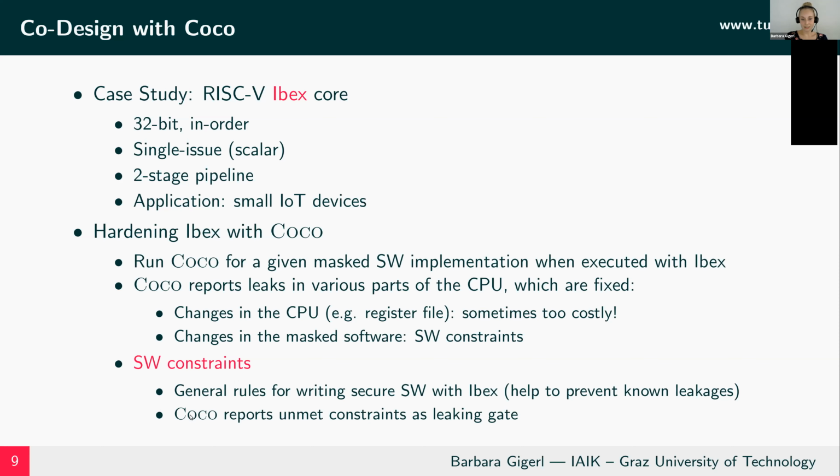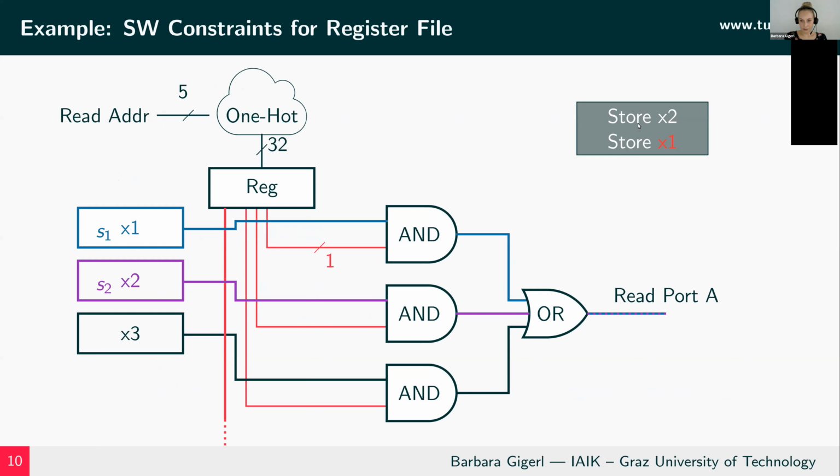Okay, let's have a look at an example of how a software constraint could look like. So here we have our hardened register file again with two shares in the registers. And now we want to first store x2, which means we see the value of the second share at the read port A. And then we want to store x1, which means we create a transition here.